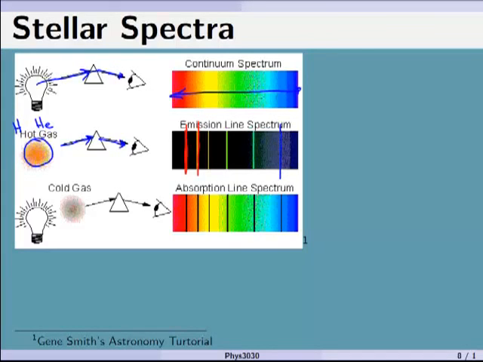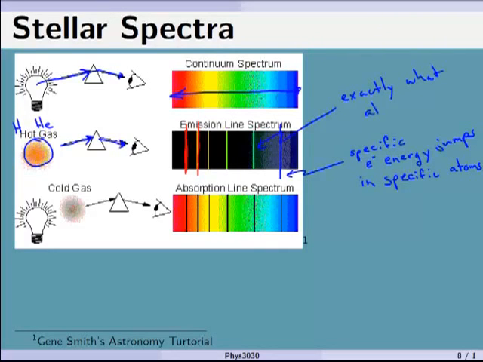Those lines relate to specific electron energy jumps in specific atoms. They don't really overlap very much. If I knew the number of that line, I could tell you exactly what atom that was.